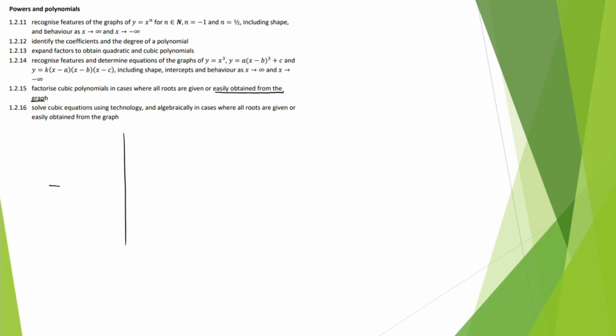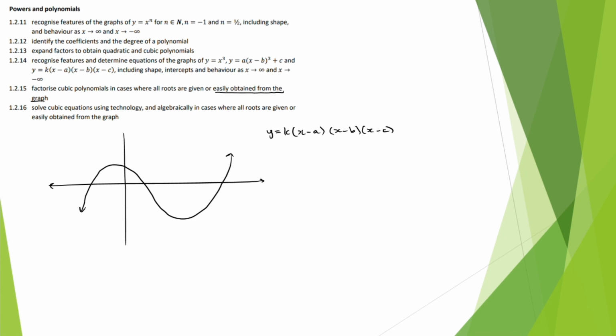If we have a graph like this, the first thing I know is that if I write it as y equals k(x - a)(x - b)(x - c), my k value here is going to be positive, because as x tends towards positive infinity, y tends towards positive infinity. And as x tends towards negative infinity, y also tends towards negative infinity. So that's a clear representation that k is going to be positive.